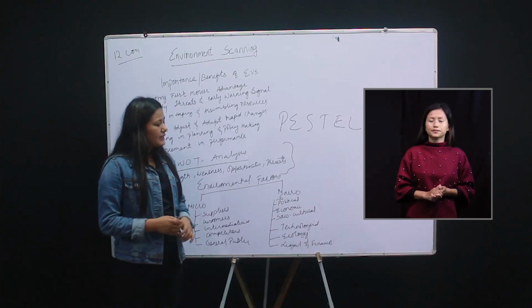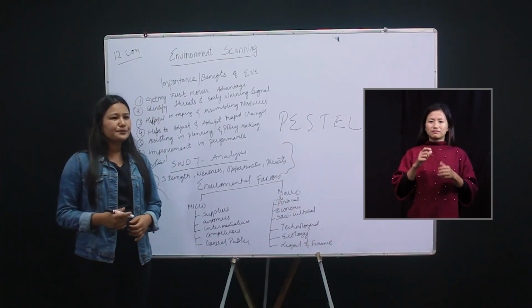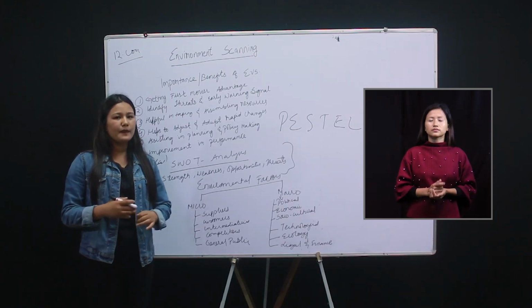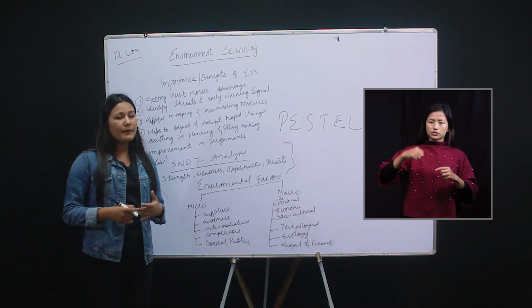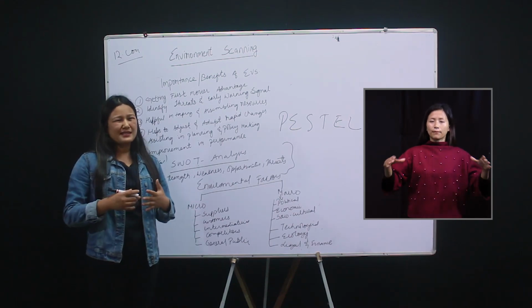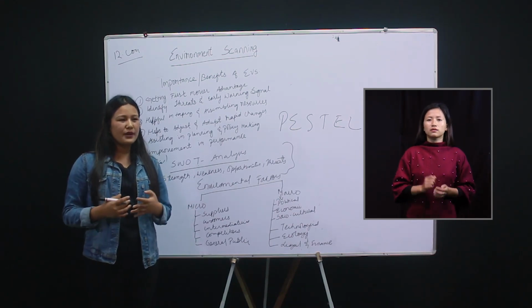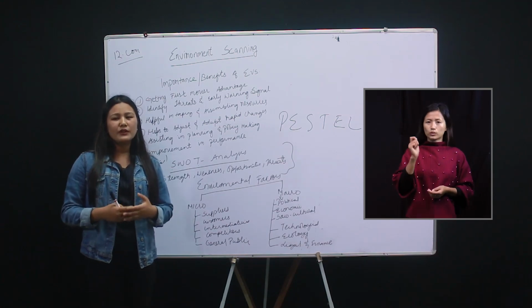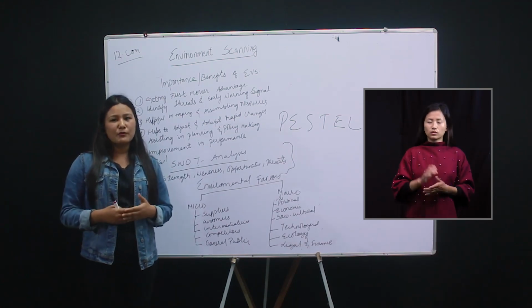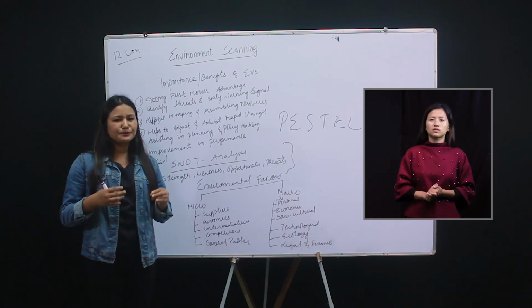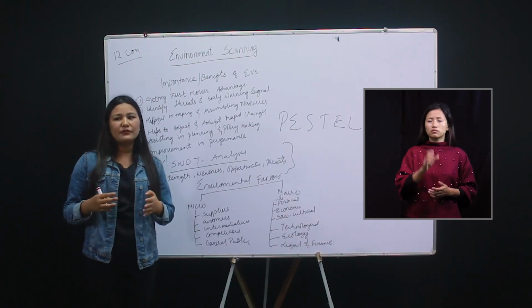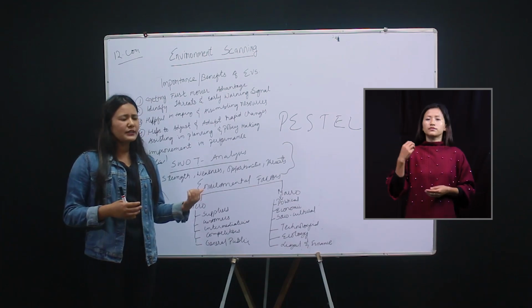The next is legal and finance. Legal is related to the regulations passed in the parliament. An enterprise works under a legal framework, so we should consider this factor, because as an entrepreneur we will live under the framework of law.